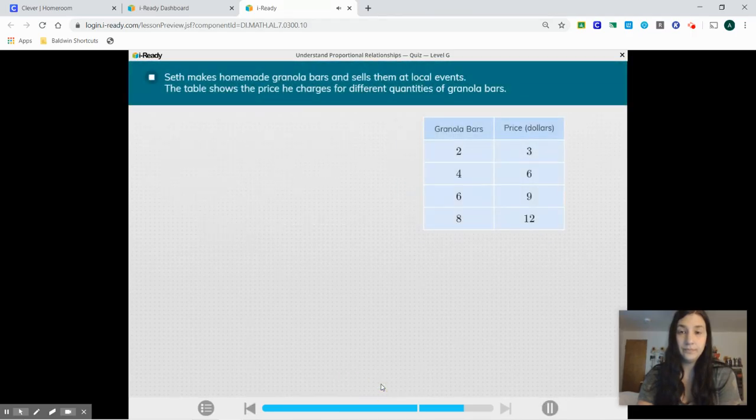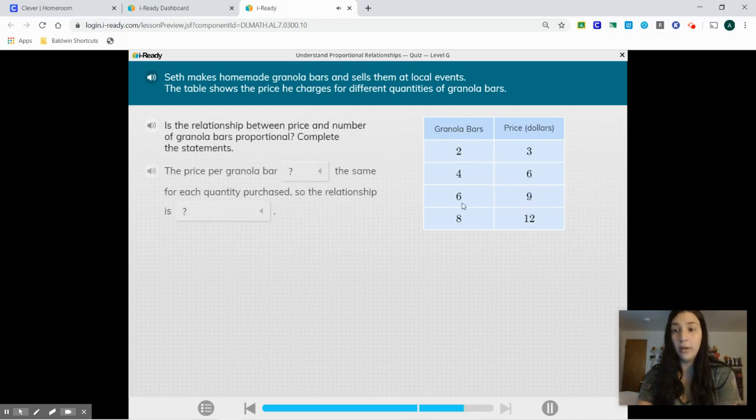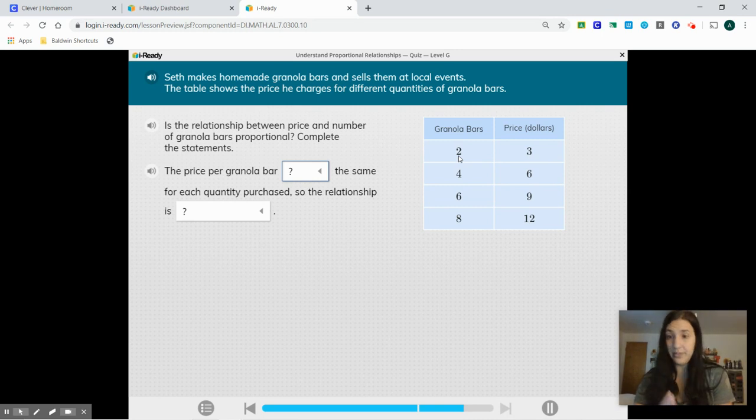Seth makes homemade granola bars and sells them at local events. The table shows the price he charges for different quantities of granola bars. So price per granola bar. Is the relationship between price and number of granola bars proportional? Complete the statements. Well, we have 3 divided by 2, which in fraction form we can leave as 3 over 2, or if we actually divide to get a decimal, we'll get 1.5. 6 over 4 will also simplify to 3 over 2, and when we divide, that'll give us the same constant of 1.5. 9 to 6 also will reduce to 3 to 2, which will give us 1.5.